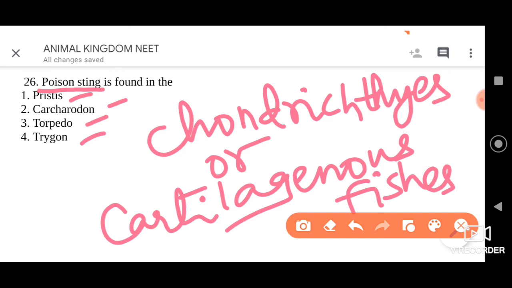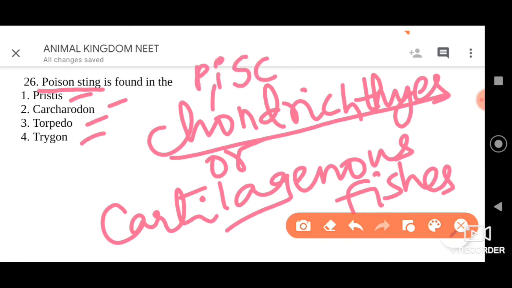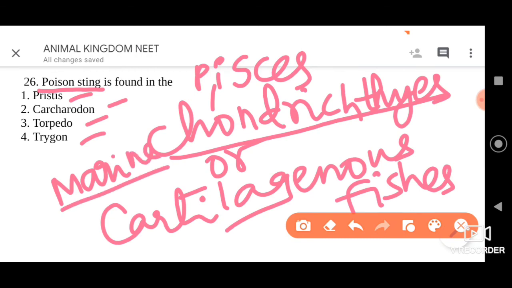Okay, so now let us understand each one of them. We know about chondrichthyes already. Chondrichthyes is a class under the superclass Pisces. They are generally marine, generally seen in sea waters, and they are predaceous.